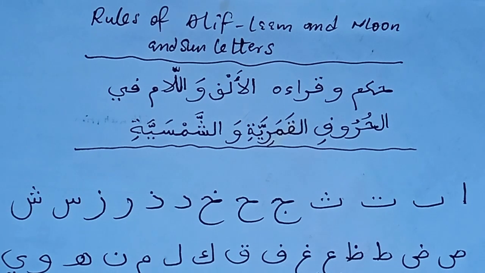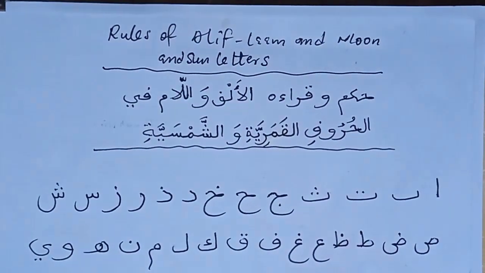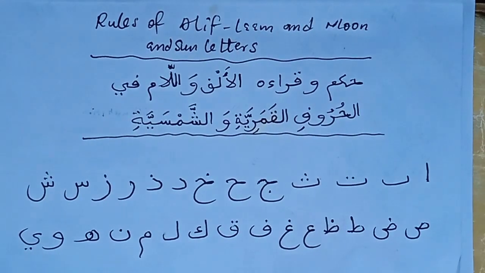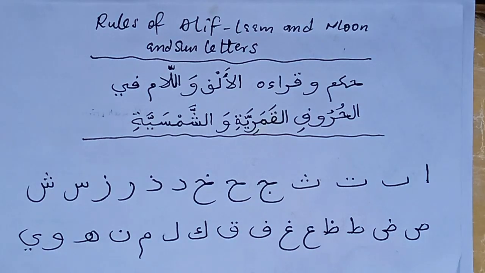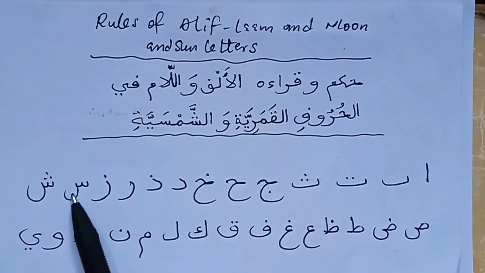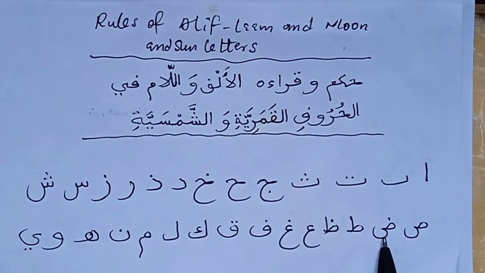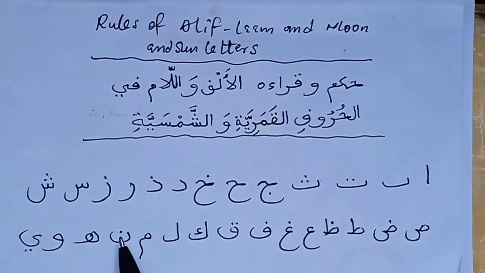Those are the Huruf al-Hijaiyya, which you can also view over here, referred to as the Alif, Ba, Ta, Tha, Jim, Ha, Kha, Dal, Zal, Ra, Zai, Sin, Shin, Sod, Dod, Ta, Zo, Ain, Ghain, Fa, Qaf, Kaf, Lam, Mim, Nun, Ha, Wa, and Ya. These are all the letters that are split into the moon and sun letters.